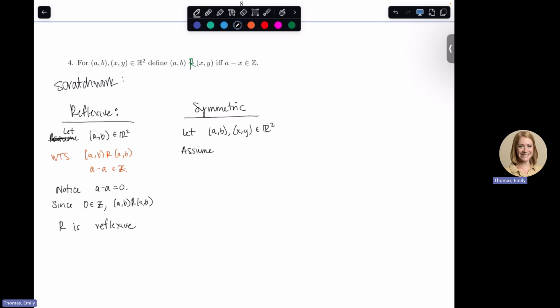What does the symmetry property say? That AB is related to XY. And what are we trying to show?